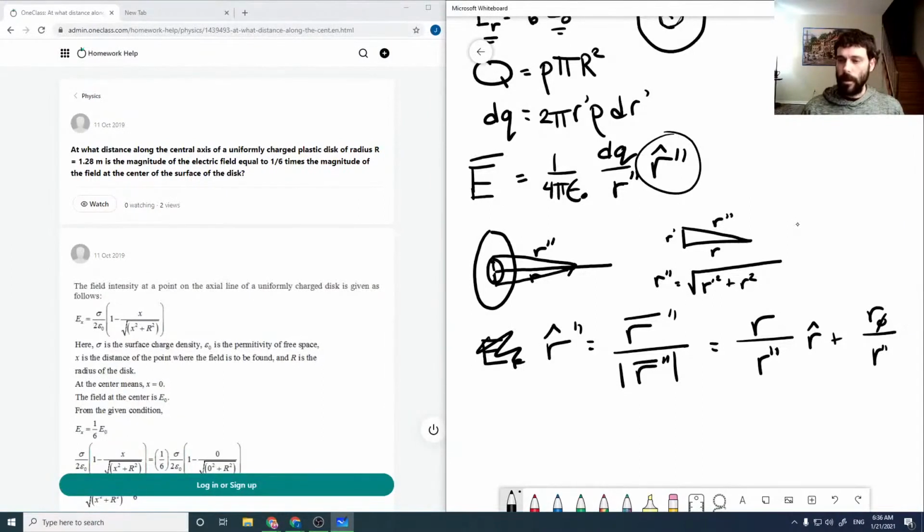I don't really know what the length is there, but I know it's going to cancel. So phi being the angular direction. But I can see that if I just want my r direction, we just need this piece here.